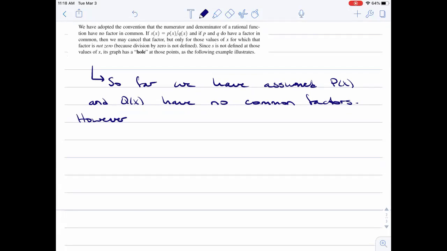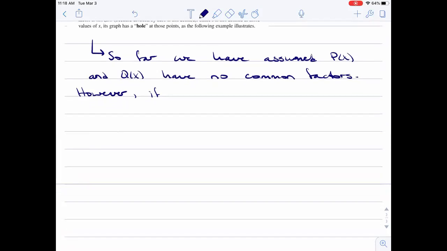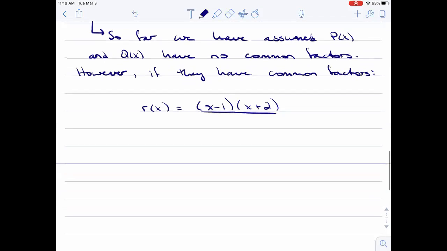However, if they have common factors, let's say we have r of x is something like x minus 1 times x plus 2 over x minus 1 times x plus 3.